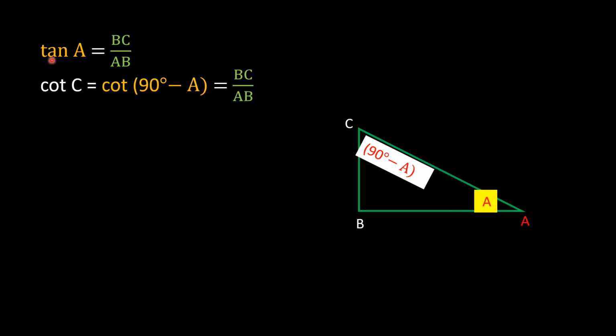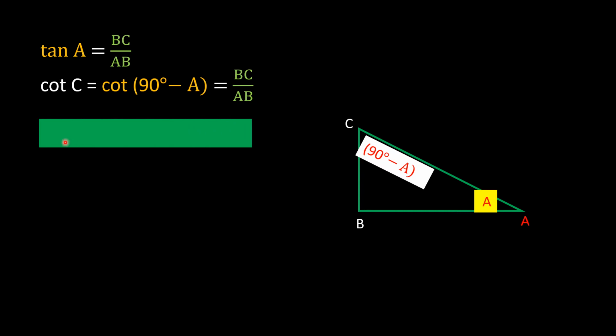Also tan A equals BC divided by AB. Therefore we write cot (90 minus A) equals tan A.